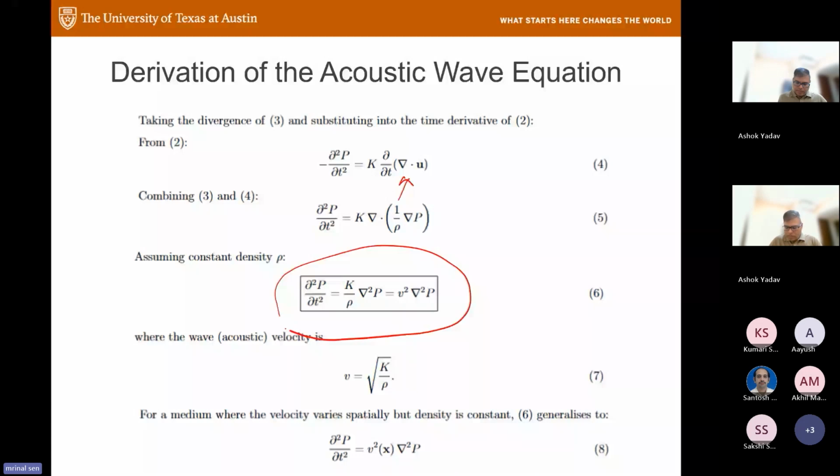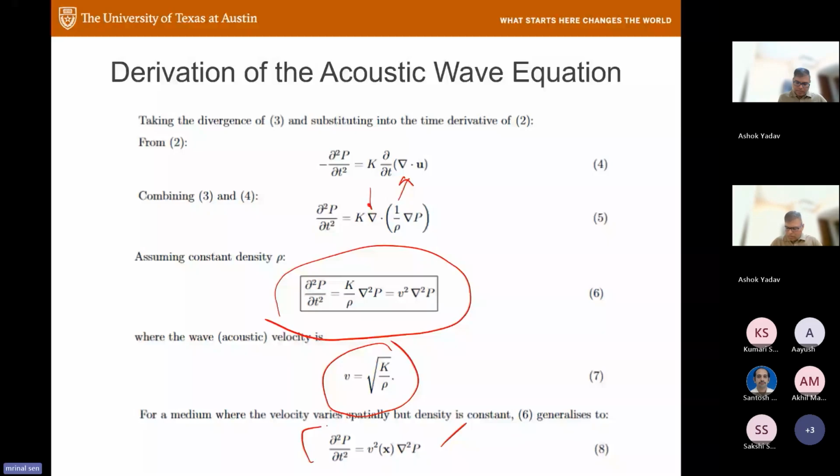Because in this equation, the density is within the bracket on which you are taking the derivative. But if density is constant, it comes out, and the square root of k over rho gives you velocity. So that's the wave equation that we have been dealing with.